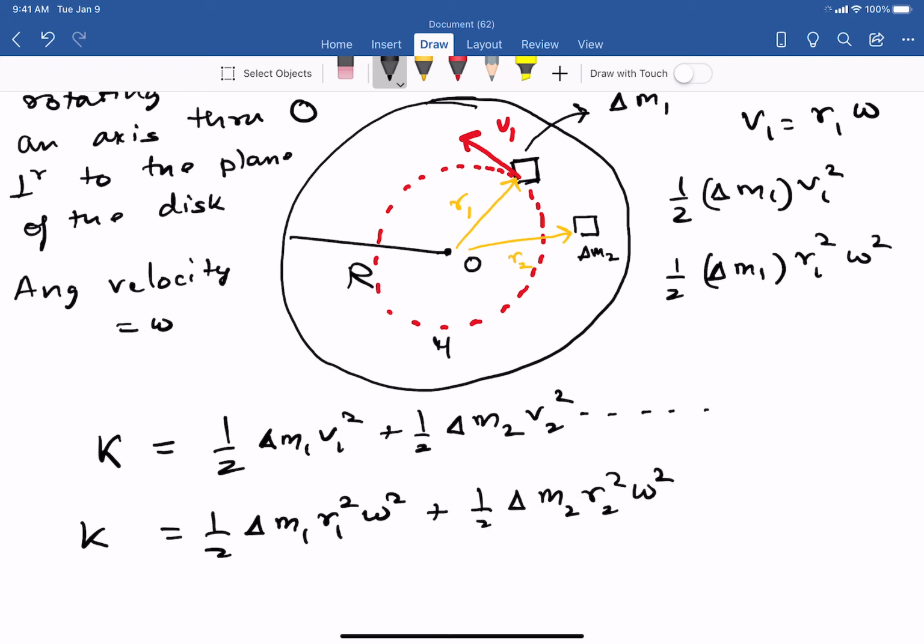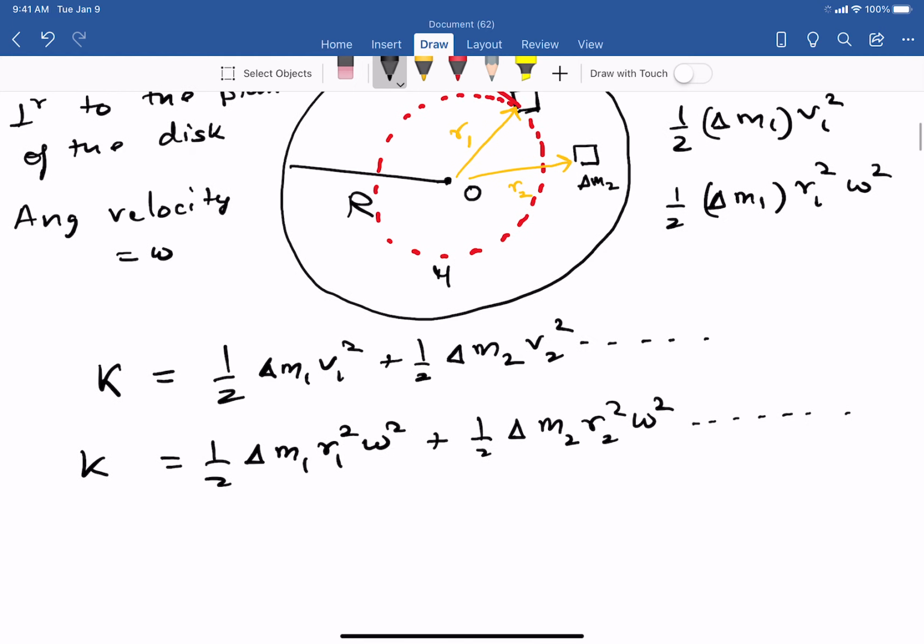and so on. Now let's just imagine this is a large sum, right? There are going to be many terms in this sum for all of the pieces that I've broken the disk into. Let's just imagine factoring out the 1/2 from the left side.